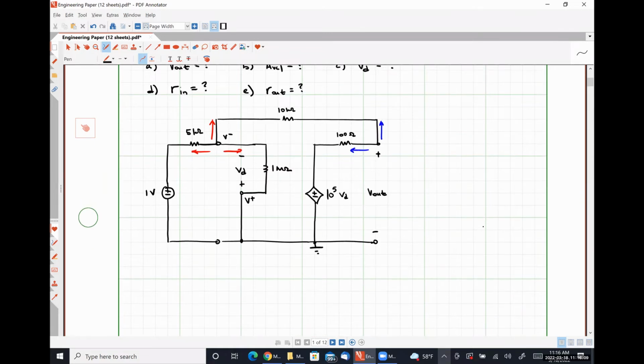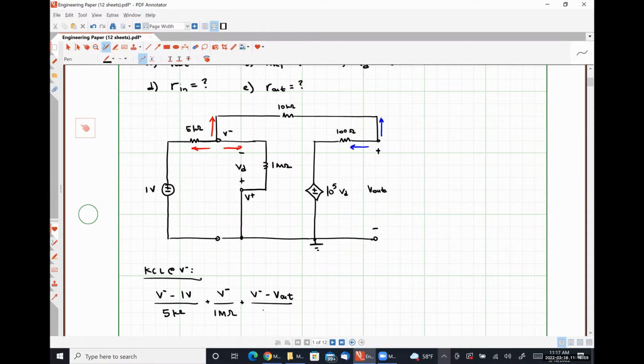If we apply KCL at the inverting input node, we get V minus minus 1 volt over 5 kilo ohms, plus V minus minus V plus, but in this case V plus is just ground, so just V minus minus 0, over 1 mega ohm, plus V minus minus V out over 10 kilo ohms is equal to 0.